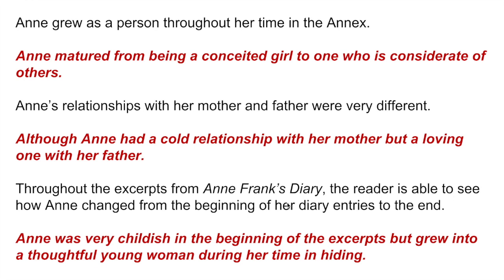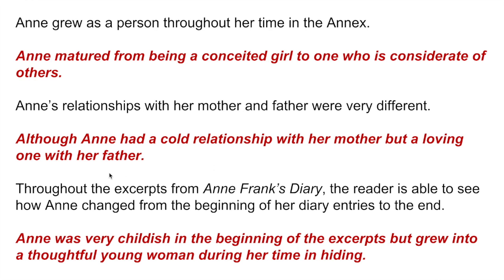Here was the second student's example. Anne's relationship with her mother and father were very different. 2, although Anne had a cold relationship with her mother, but a loving, that's bad.